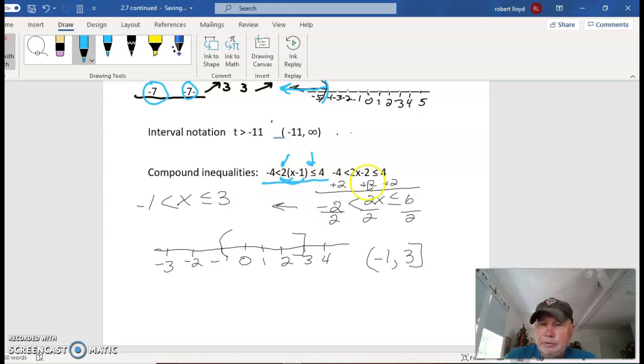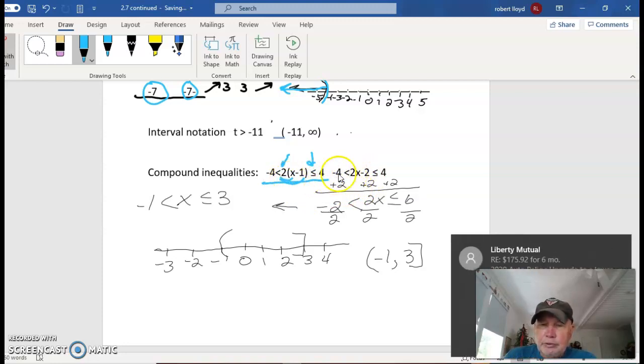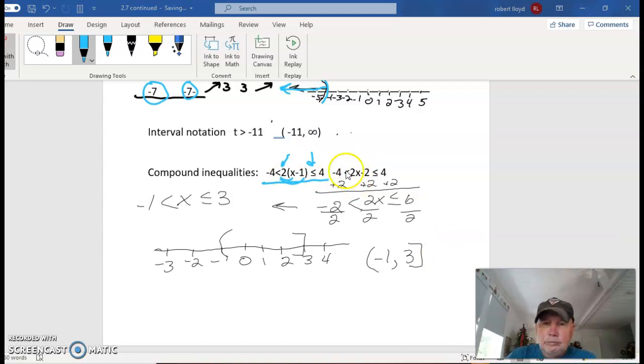Because we have a parentheses, we have to do the order of operations. So we have -4 less than 2x minus 2 is less than or equal to 4. We always work from the inside out. And you treat this as if you have two equal signs, so we're solving the center section.